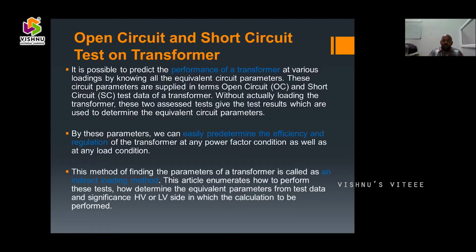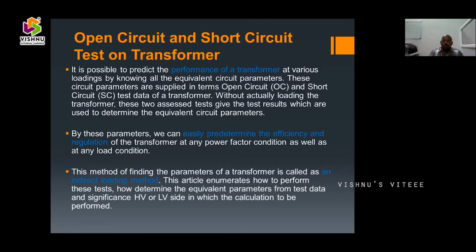We conduct these two types of tests because, without applying any loading on the transformer, we get test results which are used to determine the equivalent circuit parameters or performance characteristics like efficiency and regulation of the transformer. So by using these parameters, we can easily determine the efficiency and regulation of a transformer at any power factor as well as at any load condition. That is a very important thing.